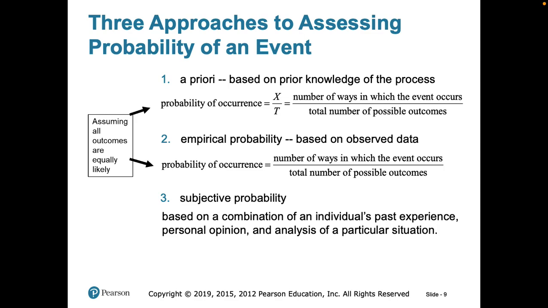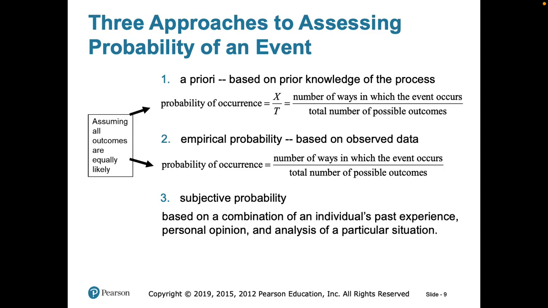So there are three different approaches that you can use when it comes to assessing the probability of an event. The first one is what we call a priori. That is based on prior knowledge that you have. Here you're assuming that all outcomes are equally likely. So the probability of occurrence for a priori is the number of ways in which the event occurs divided by the total number of possible outcomes.